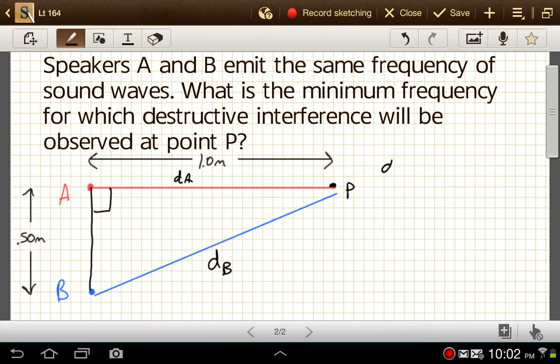So dB squared is equal to 0.5 squared plus 1 squared. So dB squared is equal to 0.5 squared, which is 0.25, plus 1, so 1.25. And so then dB is going to be the square root of 1.25, which is 1.12.